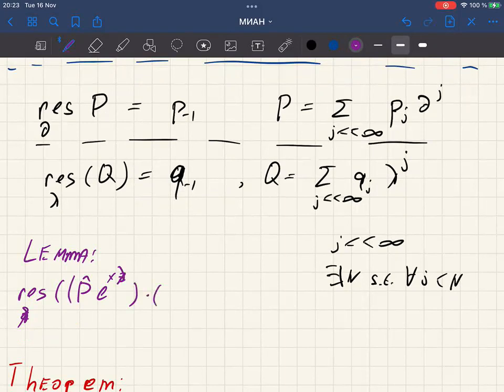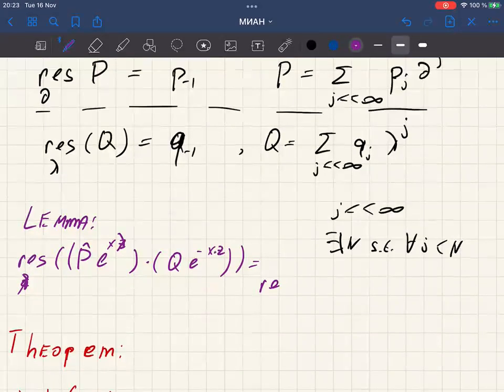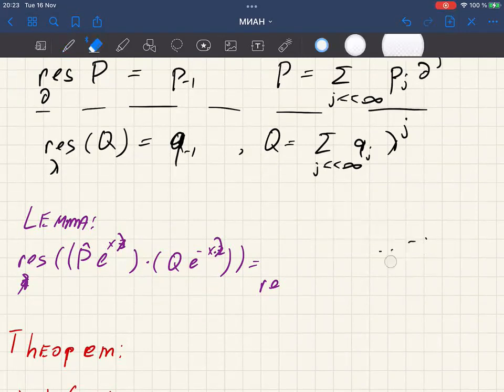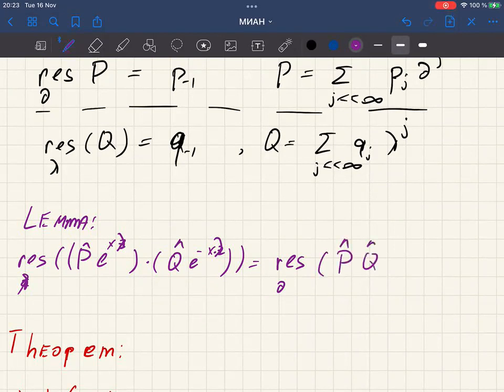Now the residue with respect to lambda of Q acting on the exponential of x lambda equals the residue with respect to d of P Q, and this could be obtained just from a simple calculation.